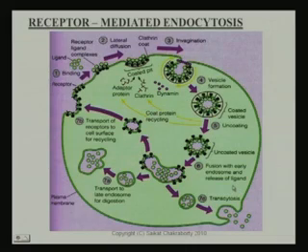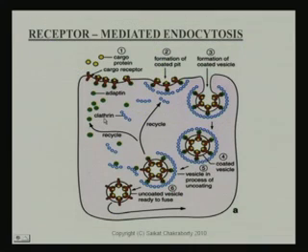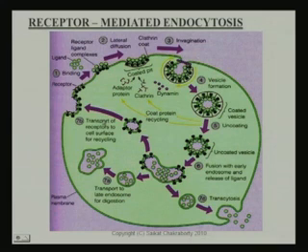Okay. Now let's see what this is. So this picture that you see over here, see, these are the receptors. These black dots are my receptors, and this receptor binds to the ligand. You see where the arrow is.